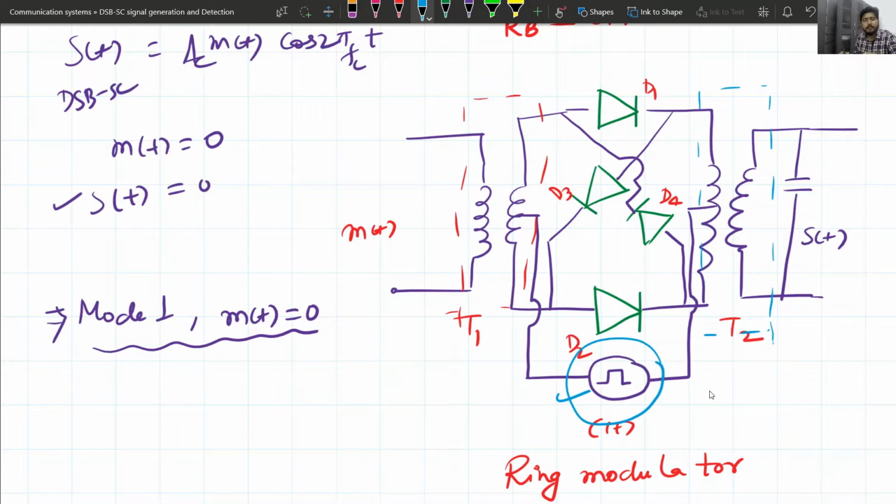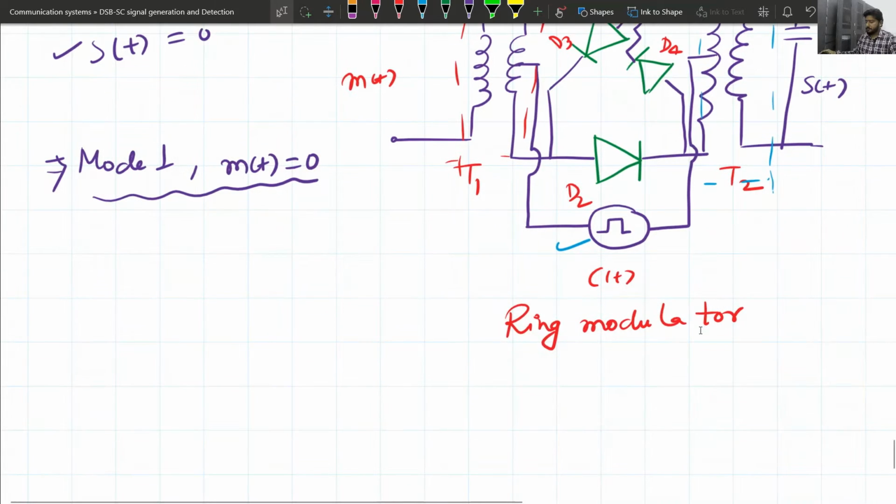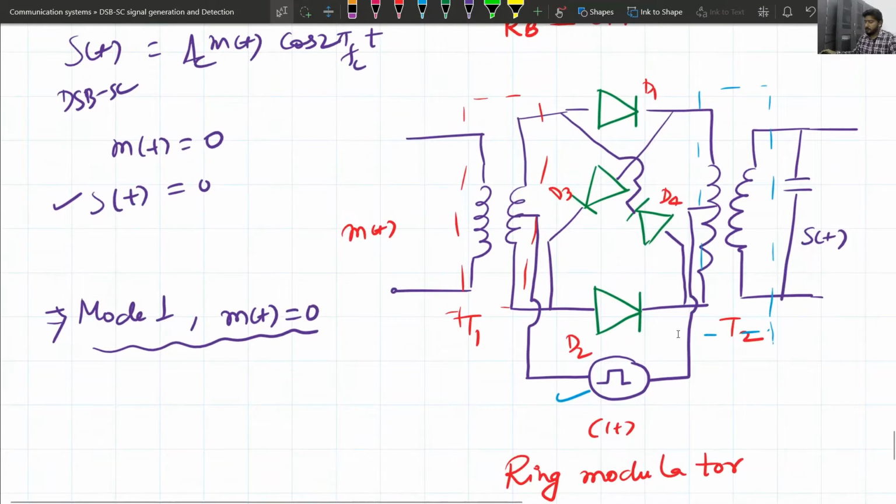Let's say this is the circuitry for generating the carrier wave. One thing to observe here is that when c(t) is greater than 0, the polarity for c(t) will be plus minus.